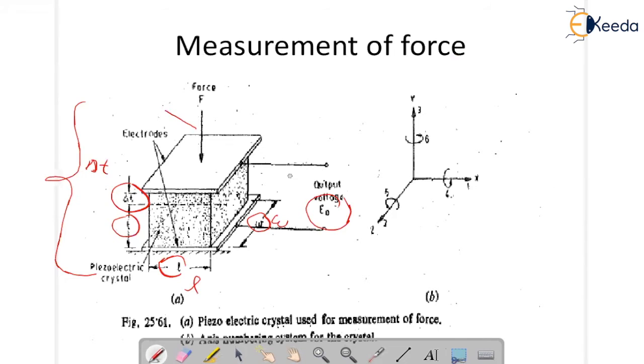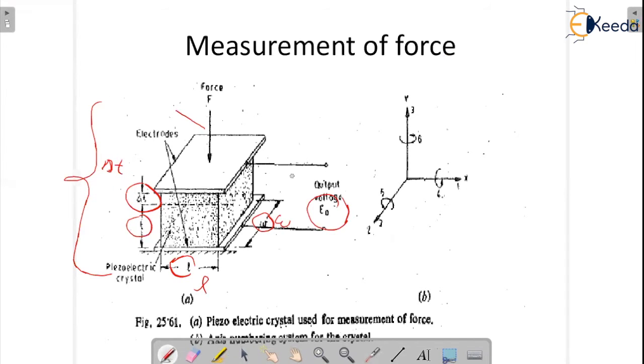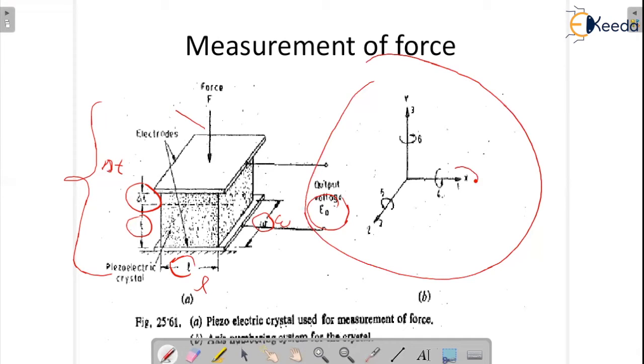See here, the important things that you have to remember: each piezoelectric crystal, how many axes am I going to have? Here I'm going to have 3 axes. This axis, generally we call it the optical axis, and this one is the electrical axis, which is always 120 degrees to the other axis.